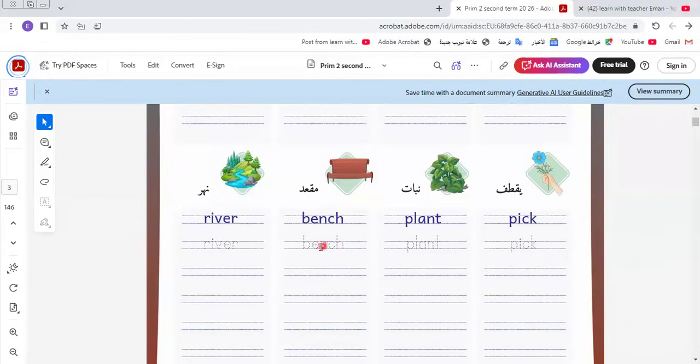I'm listening to you repeating with me. River, bench, plant. Plant is used as a noun and as a verb. As a noun it is the plant; when we say planting, this is the verb. So here plant is used as a noun and a verb, and water is also used as a noun and as a verb. Here are plant and pick.